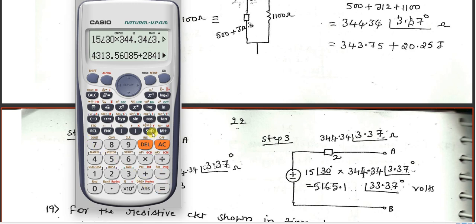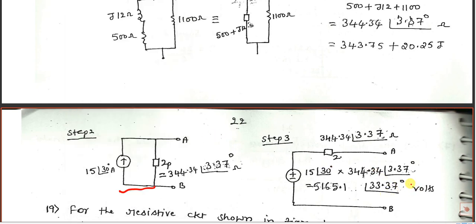You'll get this in rectangular form. If you want to see it in polar, it is 5165.1 at an angle 33.37. So this also sometimes they will ask.